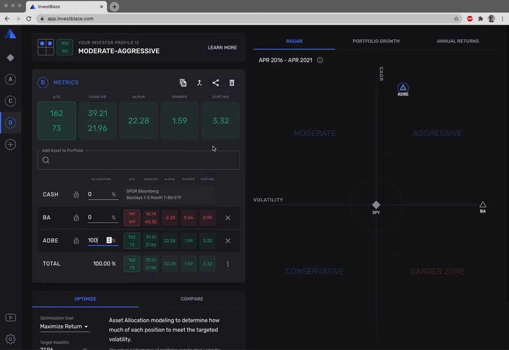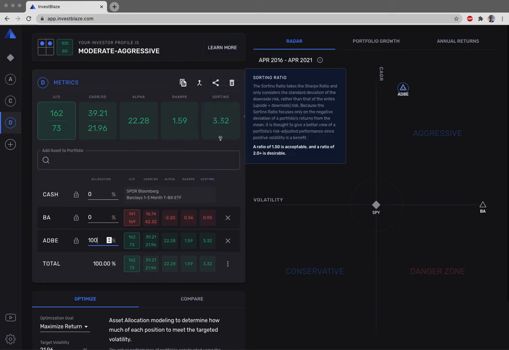The ratio that I prefer is the Sortino. The Sortino, as you can see, is higher. The Sortino is basically the same ratio with the exception that it doesn't penalize you for upside volatility. So if your stock goes up and up and doesn't go down much, on the Sharpe side that ratio won't look so good, because the upside is volatility as well, a standard bell curve, if you will.